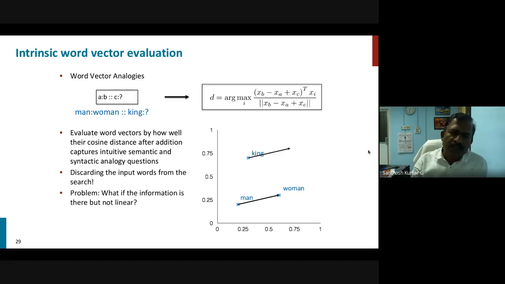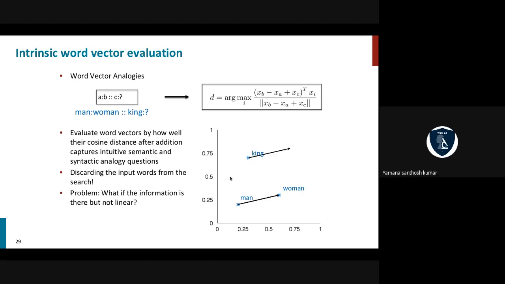So what could be the difficulty or a problem with this kind of an evaluation scheme? Whether it is a good method or a bad method, depending on what? Sir, here we are identifying with argmax of i.